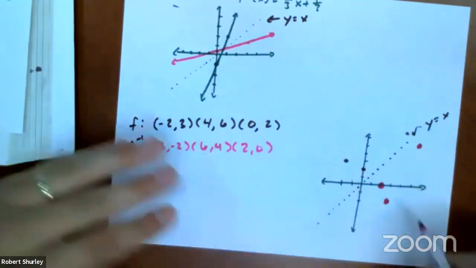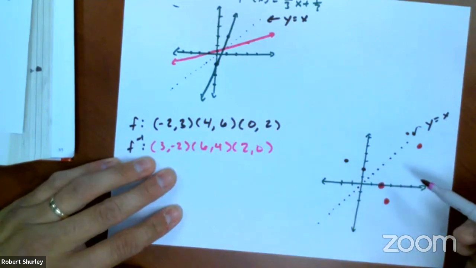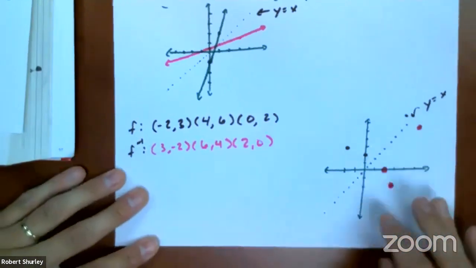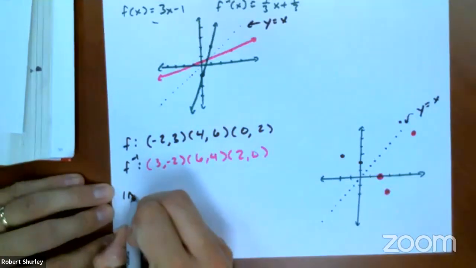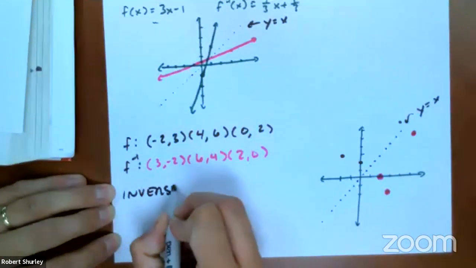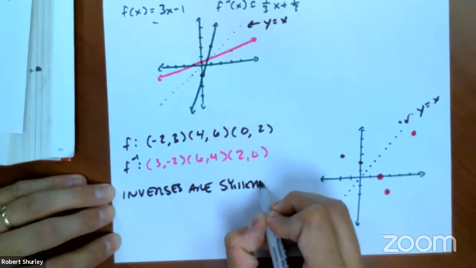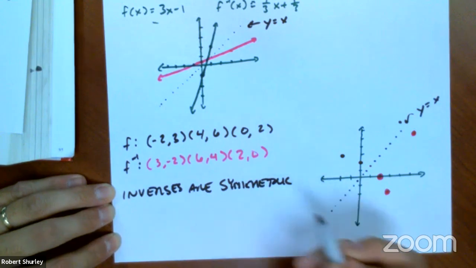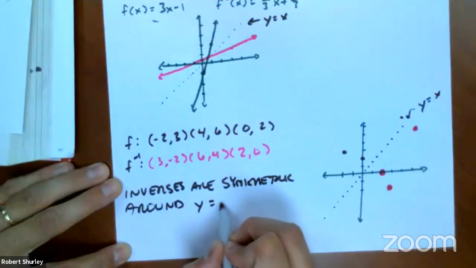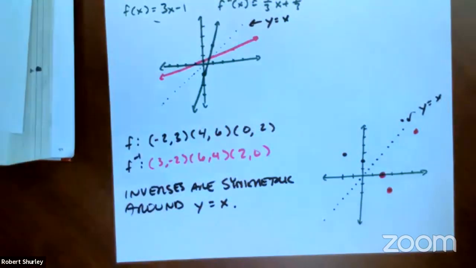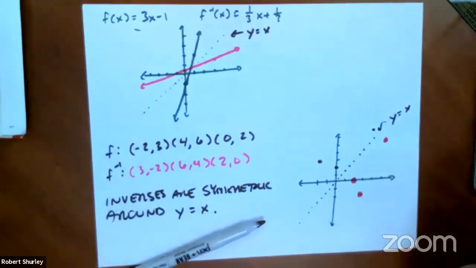If we folded the graph on that y equals x line, they would be on top of each other, okay? And that's what happens. So it turns out inverses are symmetric. I'll write that down. Inverses are symmetric around y equals x.